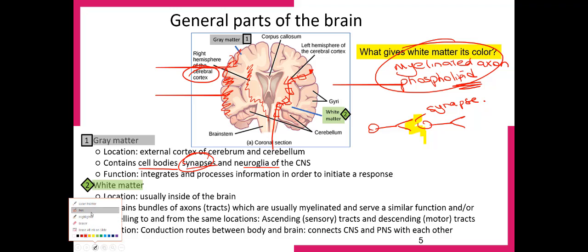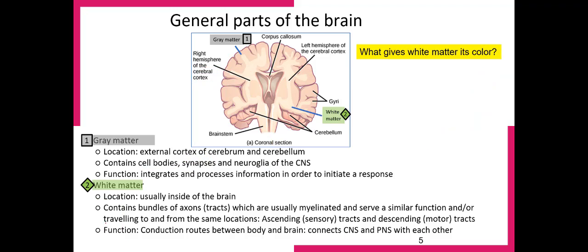You know how in the 401 you've got lots and lots of different lanes, right? And so what happens is that the white matter consists of these lanes or tracts, which are bundles of axons, and the axons are going in the same direction, and they serve a similar purpose.